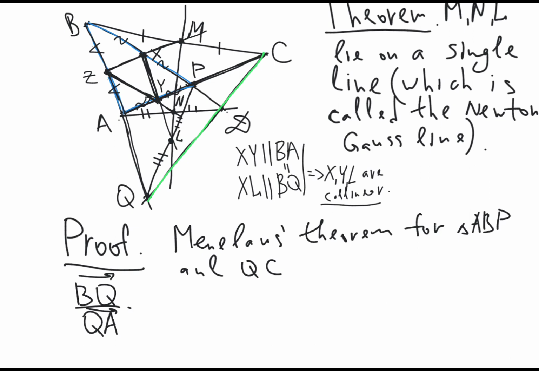So multiplied by, this is equal to -1. Then AC, C is the intersection point of this line with this side. So AC over CP.